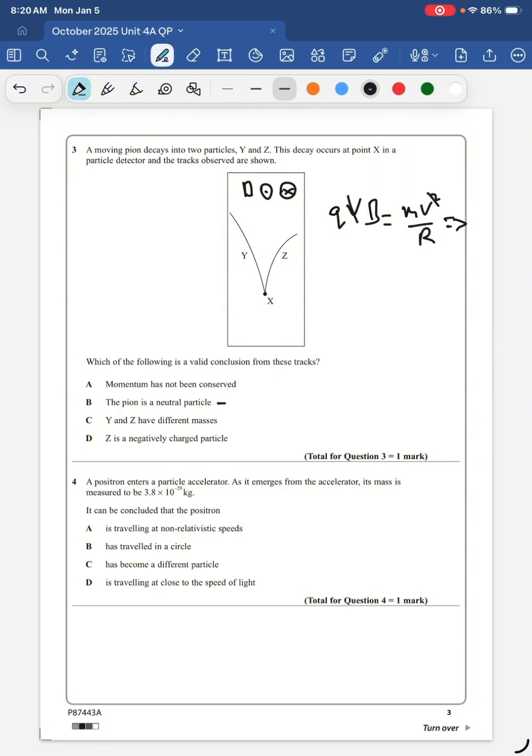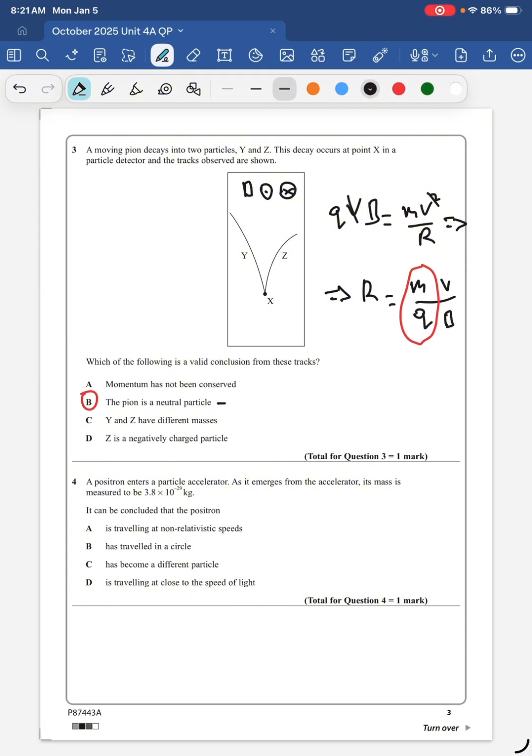If we eliminate v, we arrive at r equal to mass times velocity over q times b. So the radius depends on the mass and q, so you cannot really tell anything about the mass of the particles or whether Z is the negative or the positive particle. So C and D are wrong, so B is the correct answer.